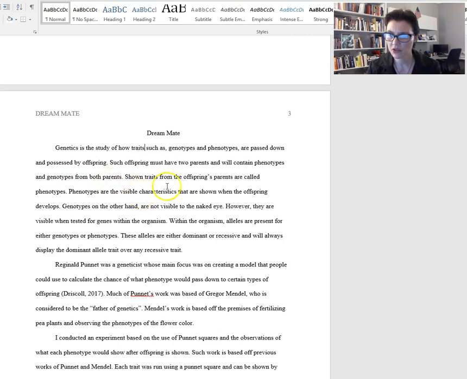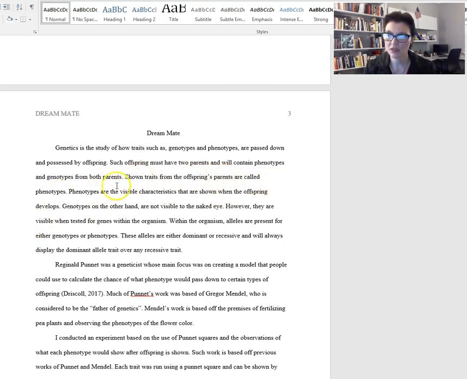Genotypes from both parents. Shown traits from the offspring's parents are called observable traits is what you want to use. Use the correct term, and that would be an observable trait. Again, you say shown traits from the offspring's parents are called phenotypes.